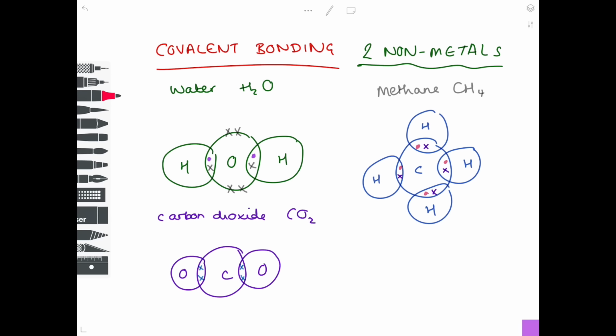Oxygen has 6. So 1, 2, 3, 4, 5, 6. And they both need to have 8 electrons to be full. So carbon has 8 electrons as 2 shared pairs, and oxygen has 8, so that is correct.